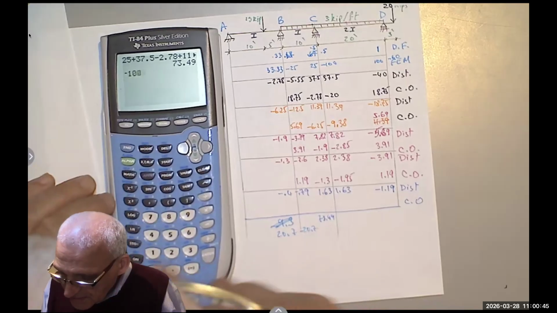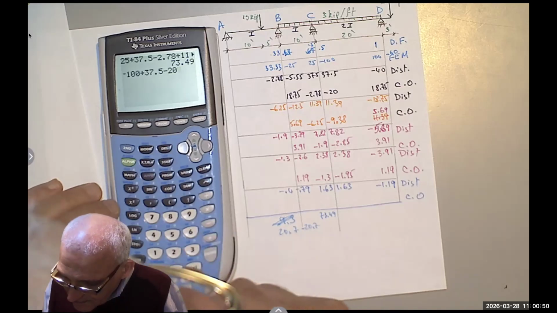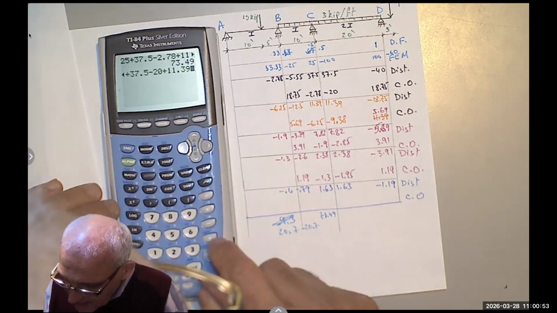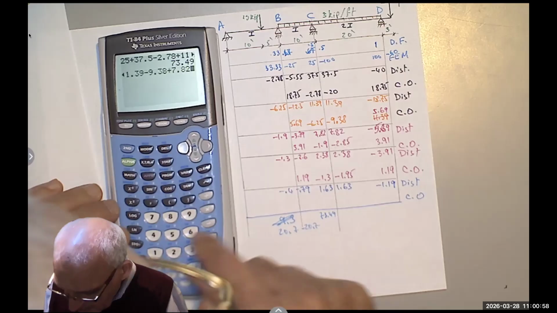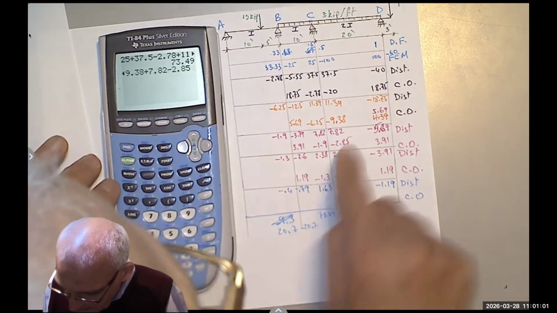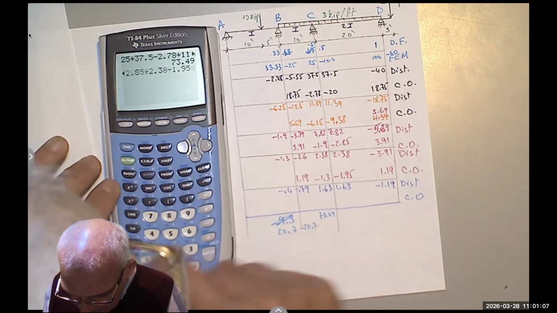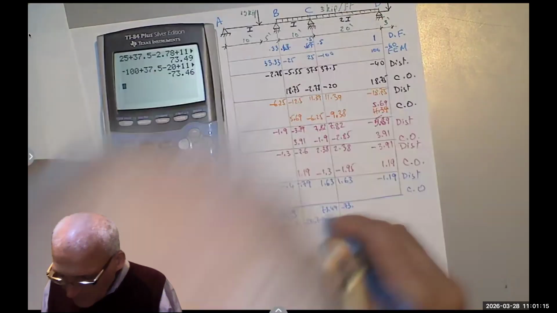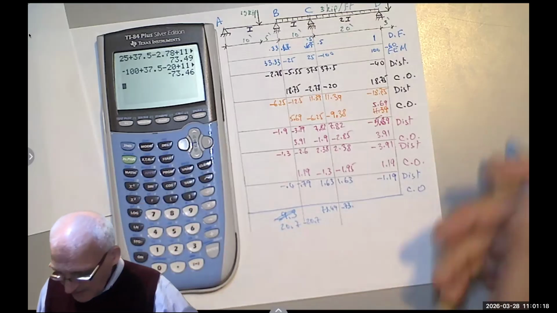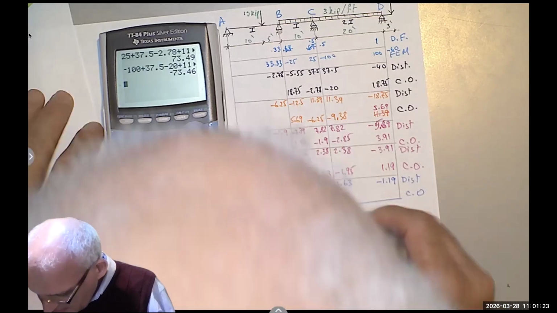Let's try negative 100 plus 37 and a half minus 20 plus 1139 minus 938 plus 782. Hopefully it will be correct. We don't want to waste time just counting numbers. Yeah, 73.46, again, for approximation, so negative 73. In fact, we can say negative 73.5, just so we use a single decimal place.